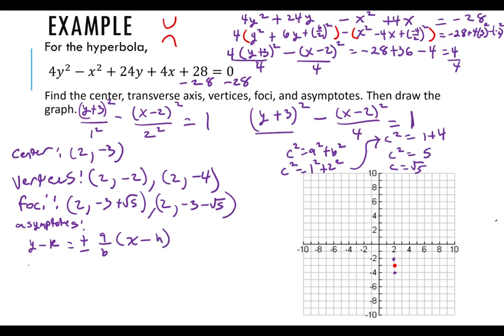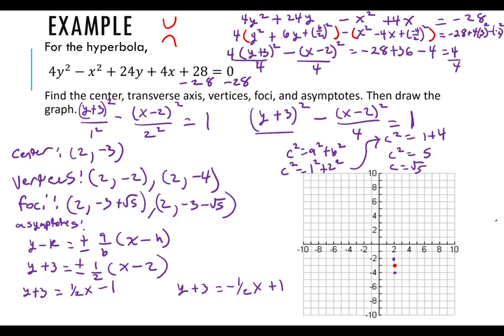And so that's going to be y plus 3 is equal to plus minus 1/2 (x minus 2). So two asymptotes, y plus 3 is equal to 1/2 x minus 1. And the other one is y plus 3 is equal to -1/2 x plus 1.